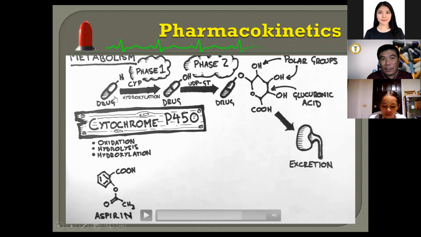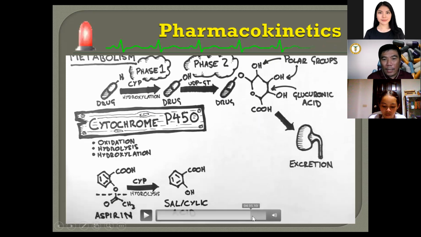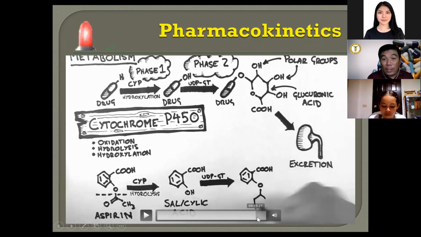With these three processes, it will bind those chemicals, the oxygen and the hydrogen. Now we will not go into details of that. So we have phase 1 and phase 2. And with these processes, upon the metabolism of the cytochrome P450 having phase 1 and phase 2, the excretion already covers the elimination of the excess properties of the drug.